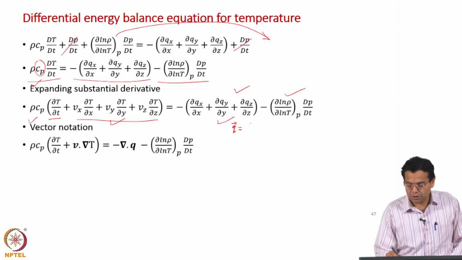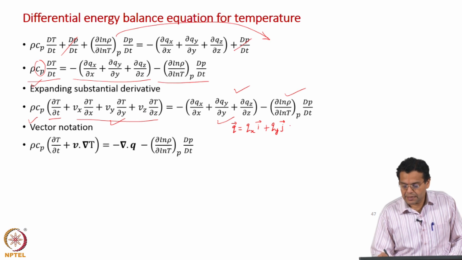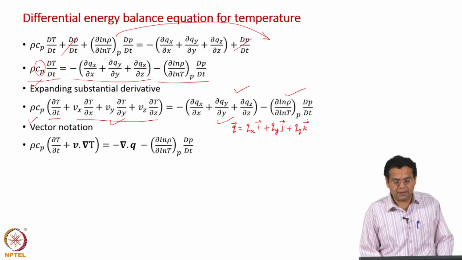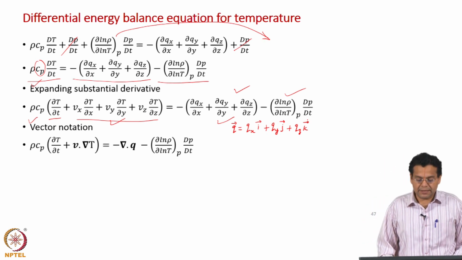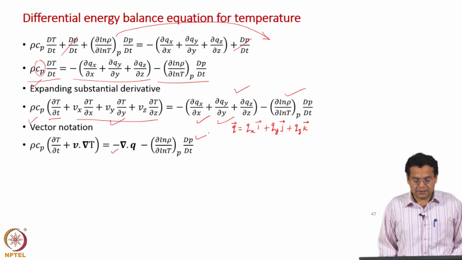We will discuss more on this shortly, which we can express as qx i, heat flux vector due to conduction, qx i, qy j, then qz k. Qx, qy, qz are the components of heat flux vector along xyz direction. So, this becomes del dot q. Of course, you have minus sign here, the second term appears as such.